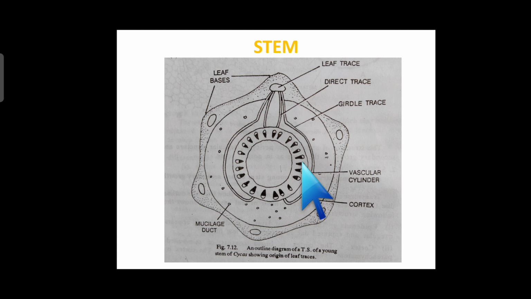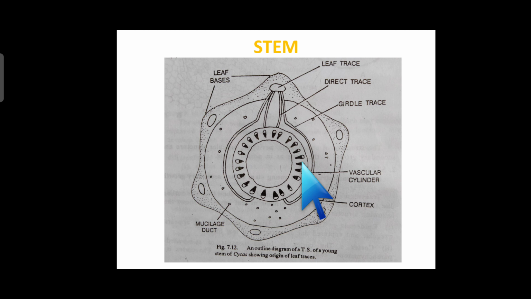Here in the phloem, the companion cells are absent. That is, the specialized parenchyma cells in the phloem tissue are absent, and this phloem possesses a few other specialized cells known as albuminous cells.